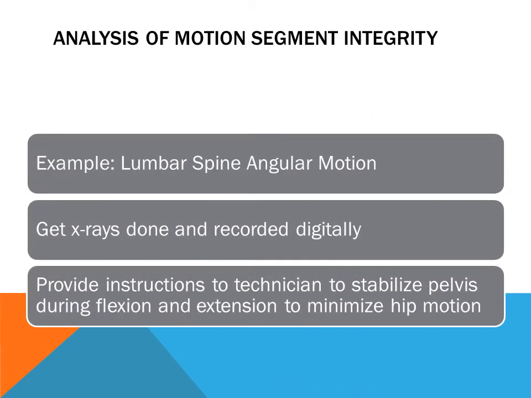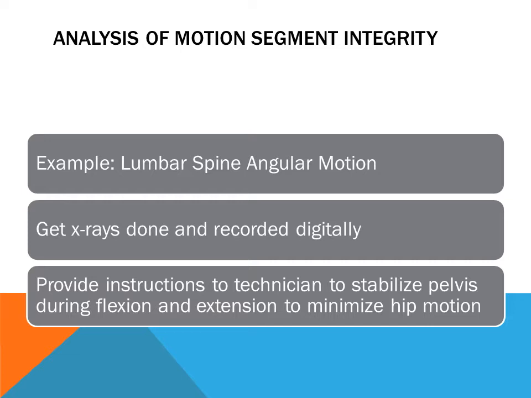Okay, so a couple of suggestions about performing an analysis of motion segment integrity. First of all, of course, this requires appropriate x-rays. And for the time being, let's just focus our attention on the lumbar spine. Of course, everything that I say would apply also to the cervical spine, but for this example, we're going to focus on the lumbar spine.